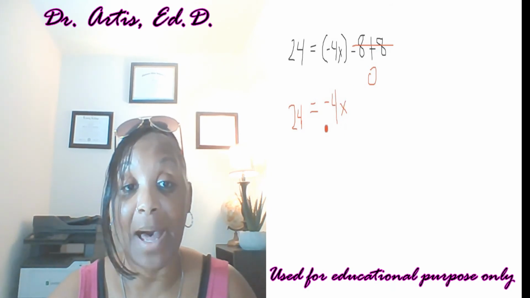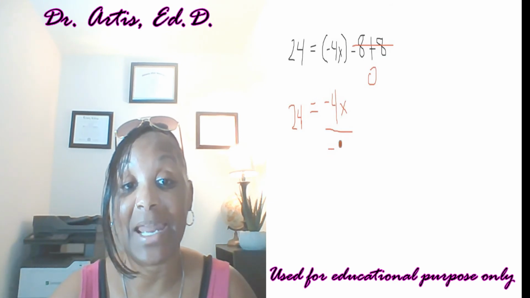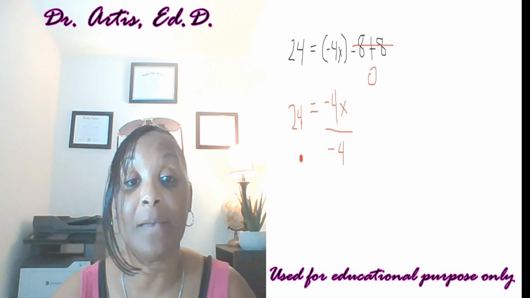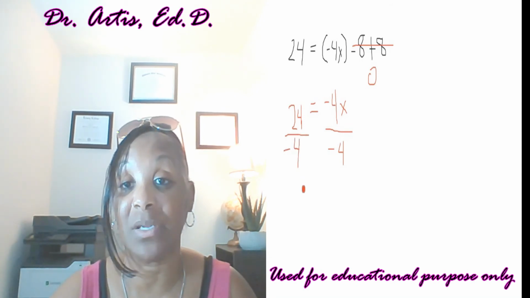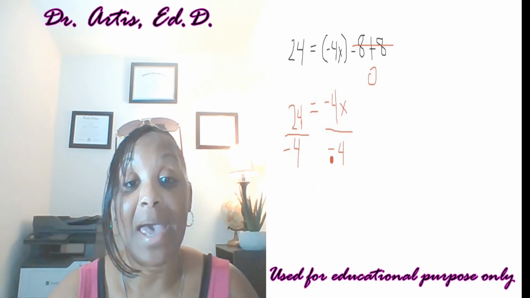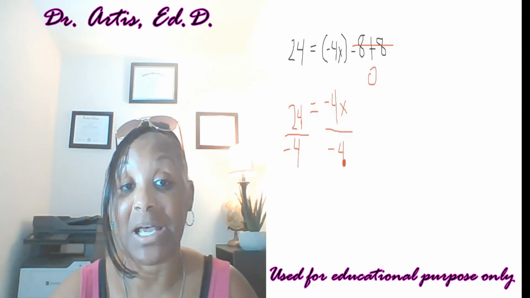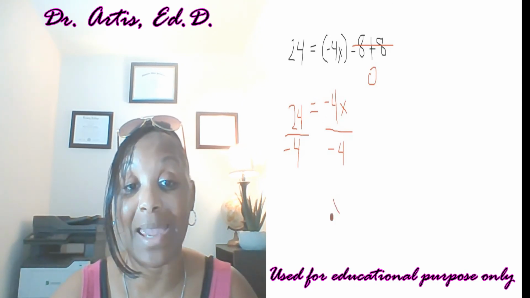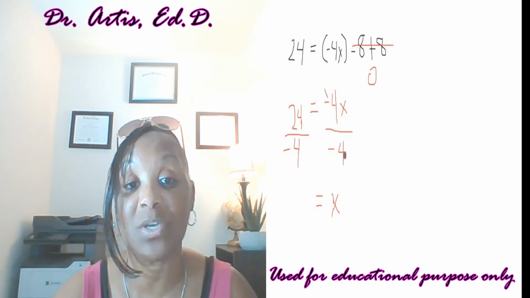We do that by dividing by negative 4 because the opposite of multiplication is division. Okay? What we do on one side, we must also do on the other side when you're dealing with algebra equations. Okay? So now we have a negative 4 divided by a negative 4 gives us 1. We don't need to bring down the 1. We're just going to write x equals, because these two 4's cancel each other out.